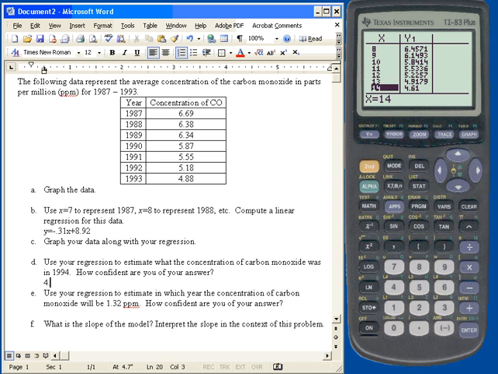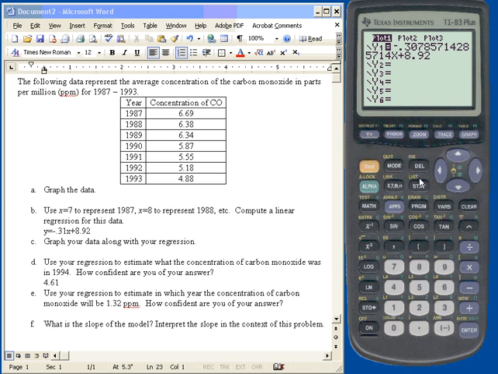Now question D. Use your regression to estimate the year in which the carbon monoxide will be 1.32. To do that, go to the y equals screen, type in 1.32. Notice that our regression equation was automatically typed in for us. That's always a handy thing. And we don't see that line that we typed in because of our window. Let's change our window, make our y-min go down to 0 here.